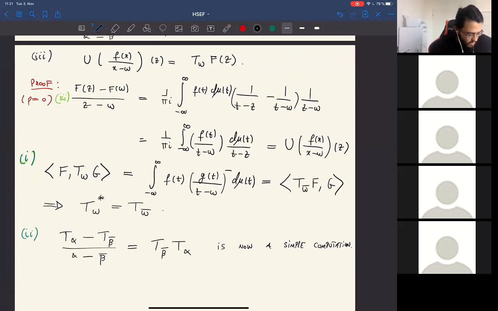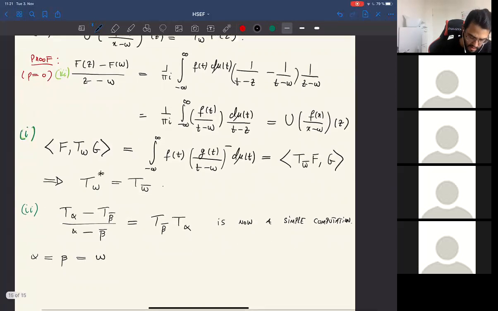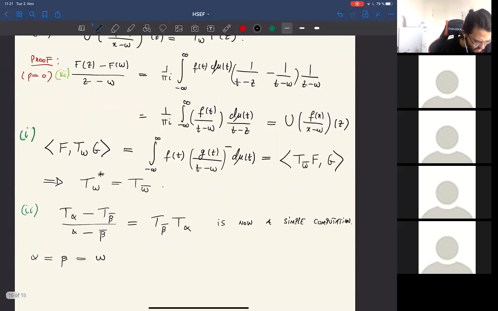Well, the way you show it's continuous is the following. Let's take, for instance, alpha equals beta equals W in this identity above. Oh, yes, I think we don't even have to use 3. We can use only the first identity.